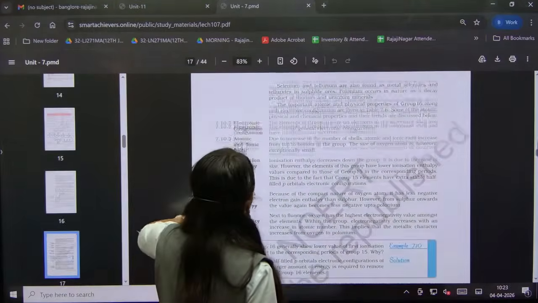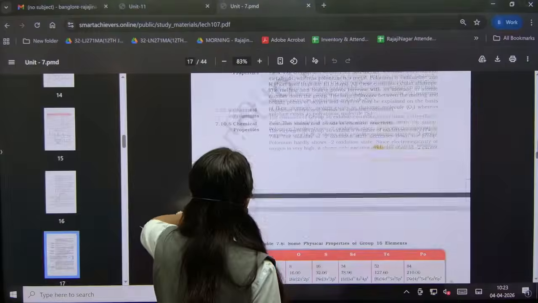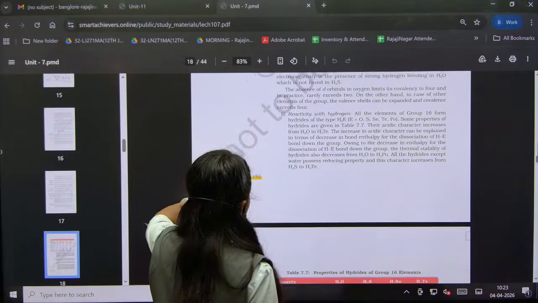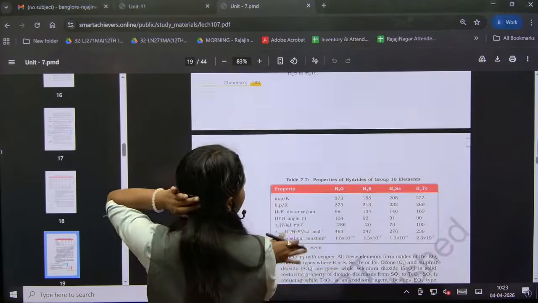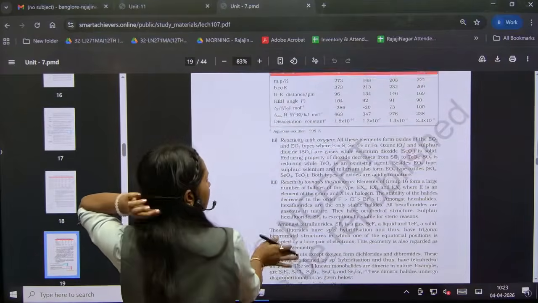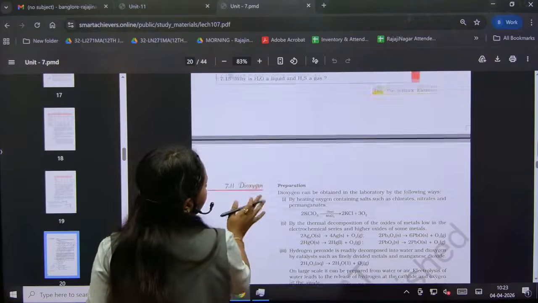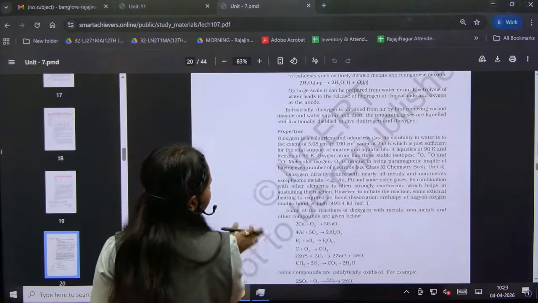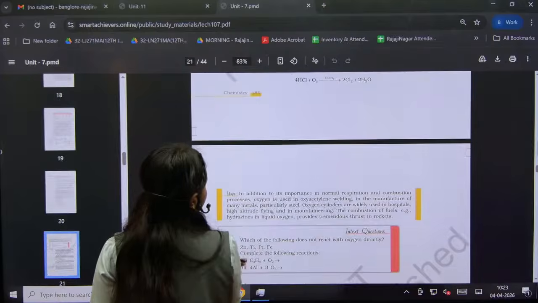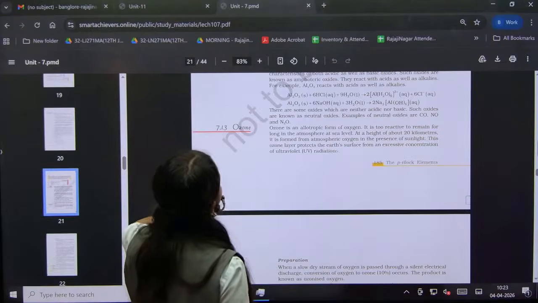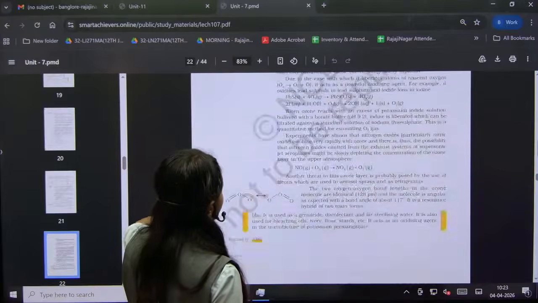Group 16 elements, physical property, dioxygen, simple oxides, preparation, ozone.